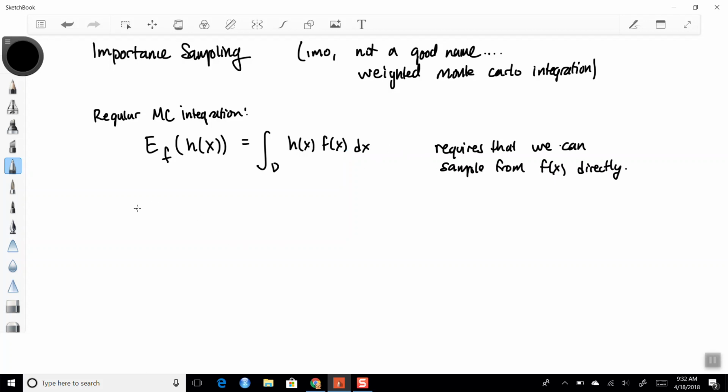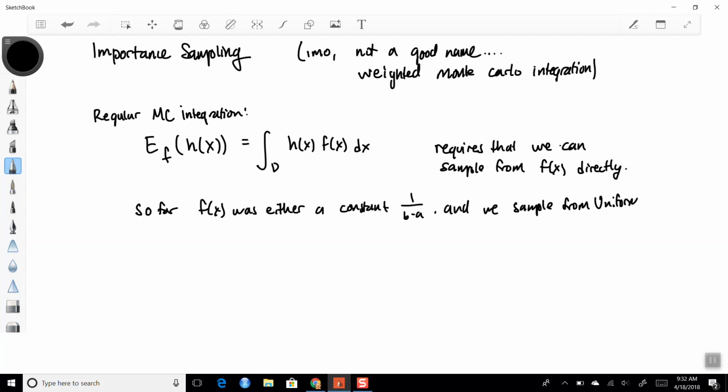So far, f of x was either a constant, like 1 over b minus a, and we sample from the uniform, or f of x was a PDF of a known random variable, like the normal distribution.